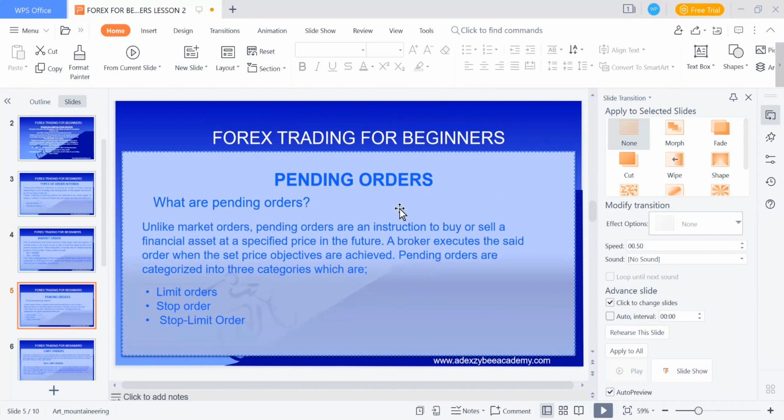Okay, unlike market orders, pending orders are instructions to buy or sell a financial asset, in this case a currency pair, at a specified price in the future. That's what it is. You don't want to buy instantly.